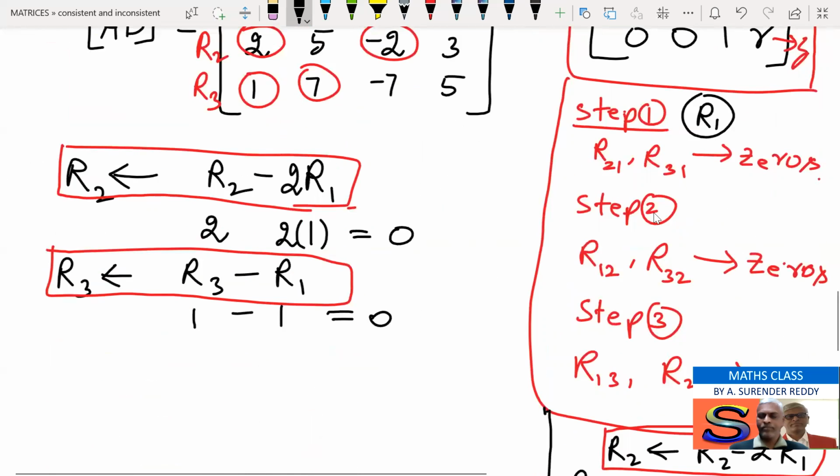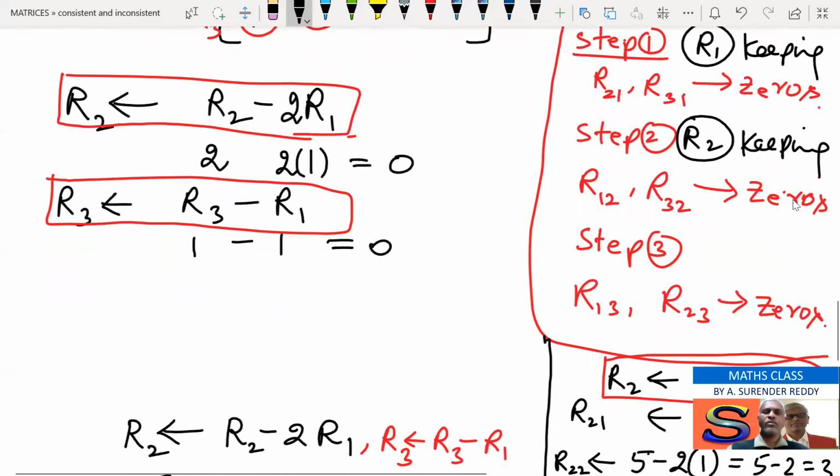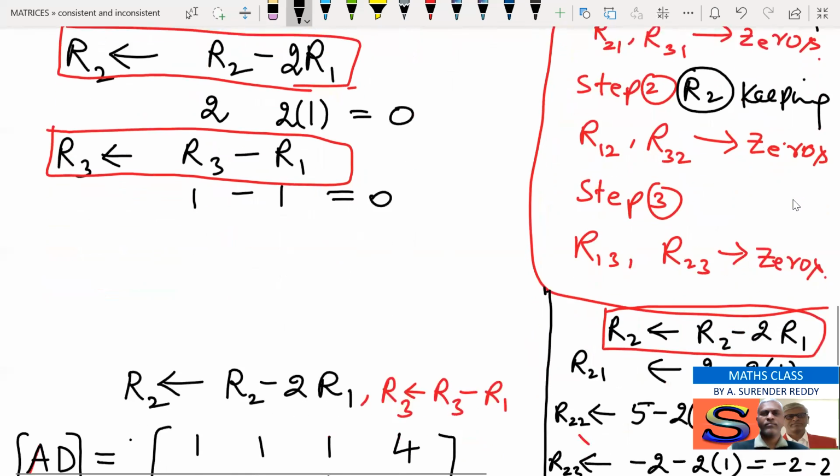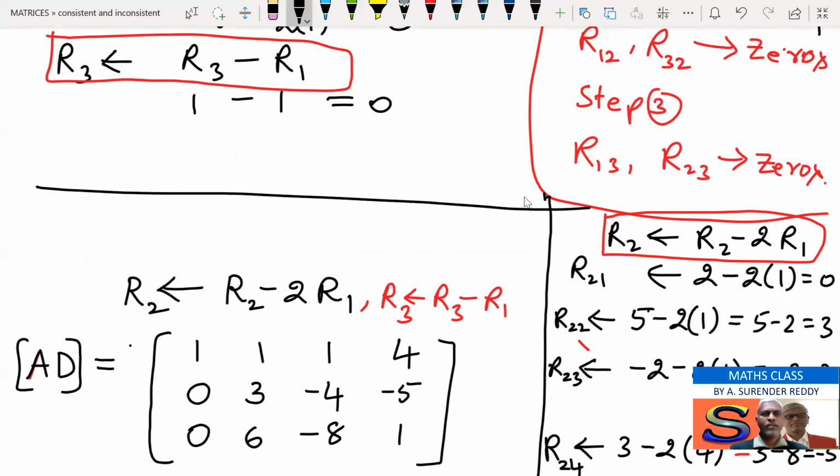In this step, we are not changing the R2. In first step R1 was kept as it is. Now keeping R2 as it is and with the help of R2, we convert R1 and R3 as zeros. This is rough work.